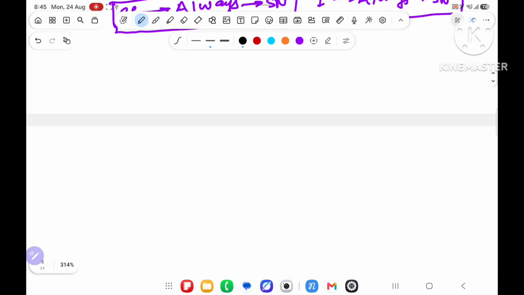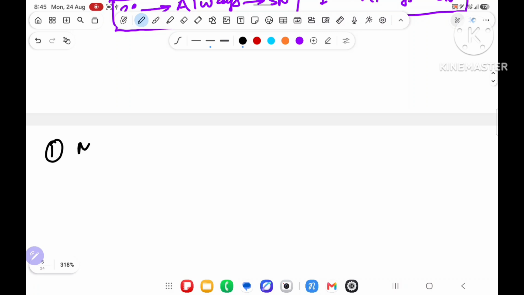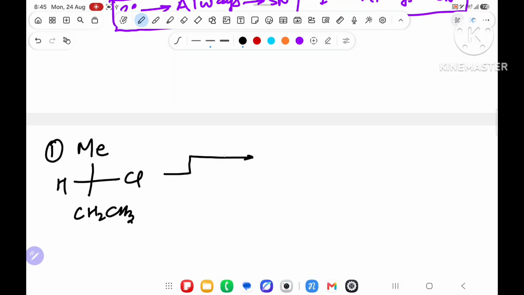Okay, suppose I have written the first question over here: we have Me, CH2CH3, H, Cl, and I am saying react this first with NaOH, and react this second with H2O. What will you say?